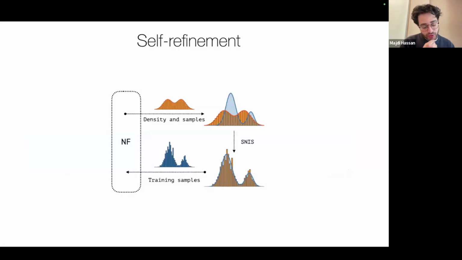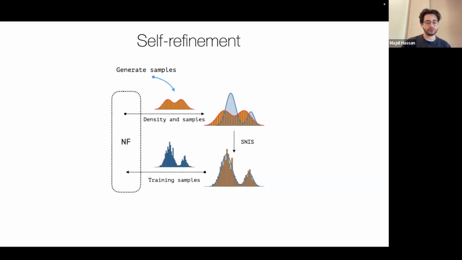And then lastly, in the paper, we evaluate Prose on a variety of sampling algorithms like self-normalized importance sampling and SMC, but we also investigate a procedure that we call self-refinement, where, given some pre-trained normalizing flow on data, we want to iteratively improve the model.